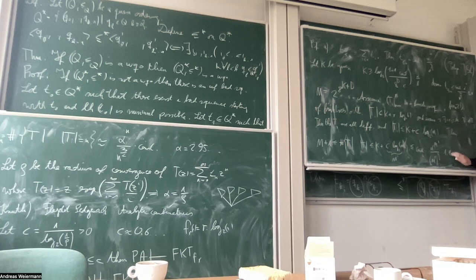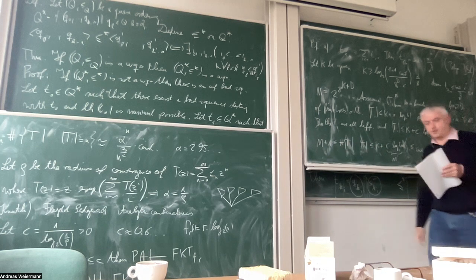And now I'm claiming this is smaller than m. Then m plus 1 is strictly smaller than m, and that's not possible.